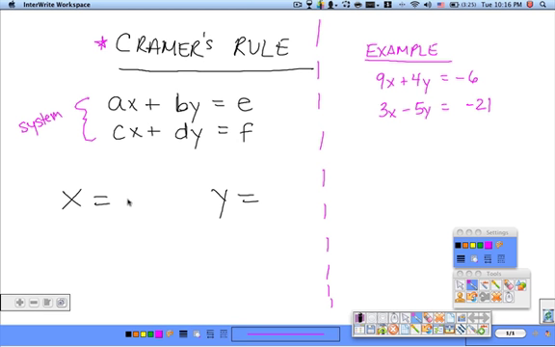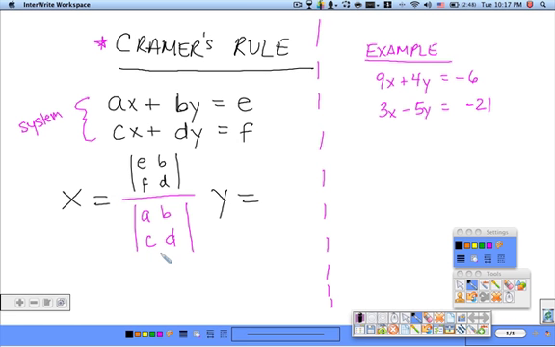What he found was, if you find the determinant, that's what these two lines denote, of a, b, c, d, and on top you find the determinant of e, b, f, d, and you divide these two determinants, these two numbers, you will get the answer for x.